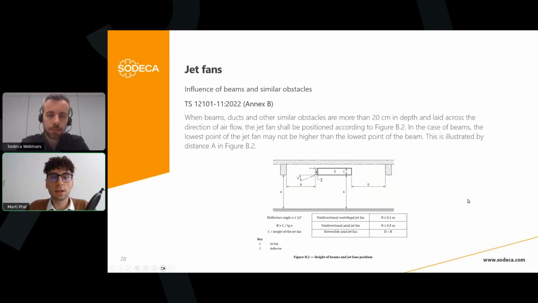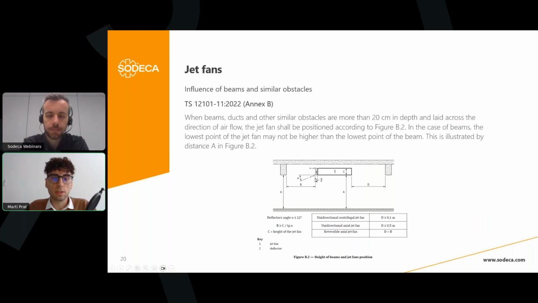When installing the jet fans, it is important to notice where we have the obstacles. We have to try to avoid these obstacles in order to maximize the jet fans effect. And to do so, I always recommend to install the jet fans lower than the obstacles, at the lower height. If it is not possible, the jet fans should at least comply with that: the lowest part of the jet fan is at the height of the lowest part of the obstacle.